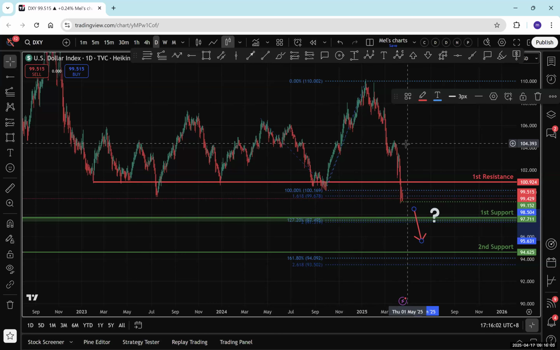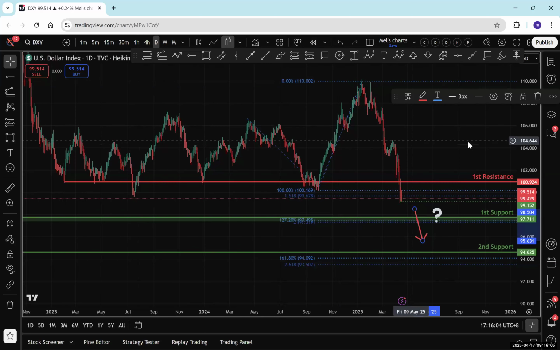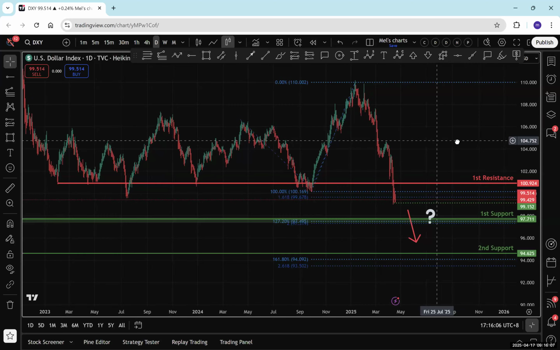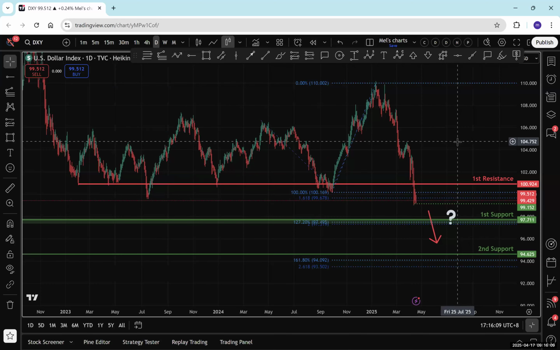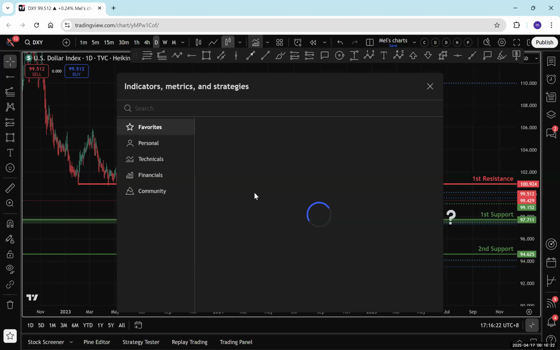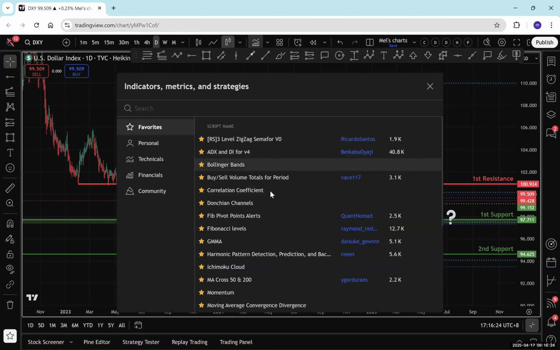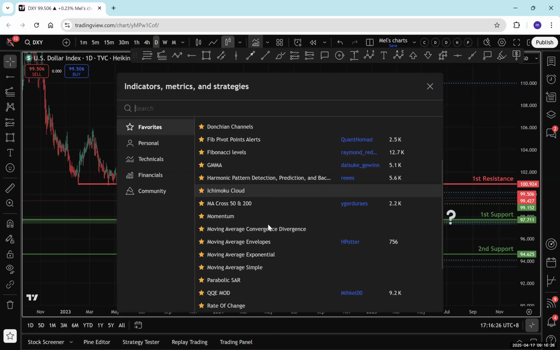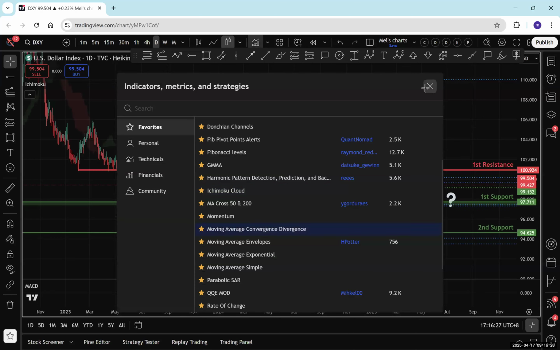Of course, this is just technical analysis. We're not focusing right now on the fundamental analysis, so make sure that you keep an eye out for any more announcements from the central bank, which might cause additional fluctuations in your charts, especially during this period.